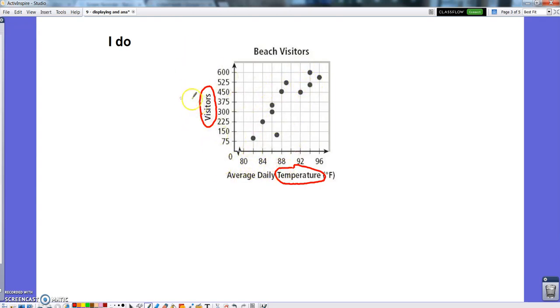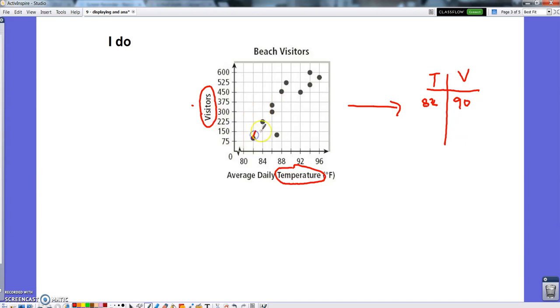But if you want to think about this, I can make a T-chart here. Visitors, and I'm sorry, I went backwards. Remember, the one on the horizontal axis goes on the left, so temperature, visitors. So like when it was 82 degrees, there were, I'm going to say that's 90 visitors.